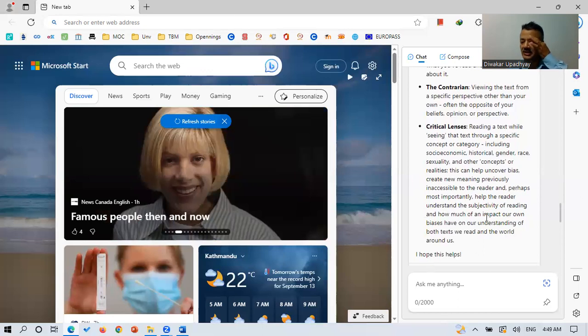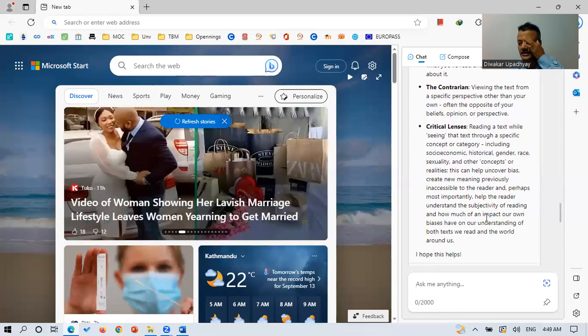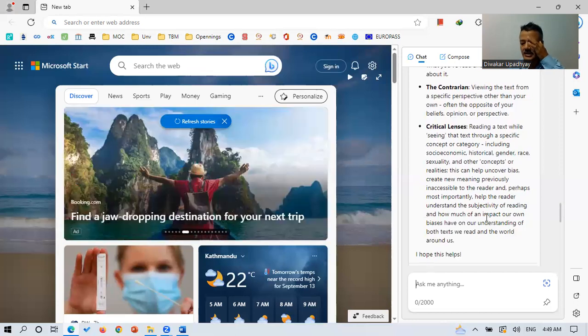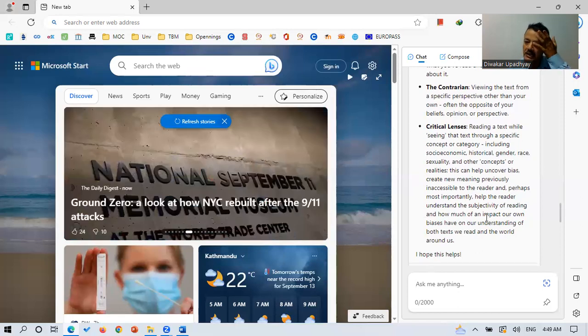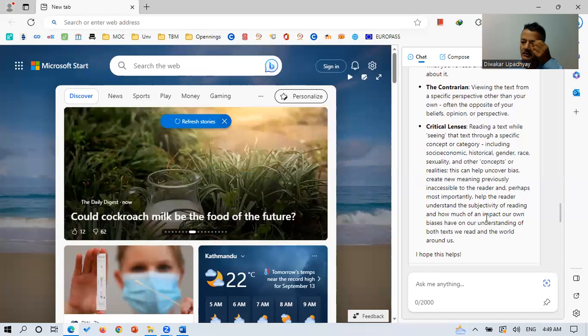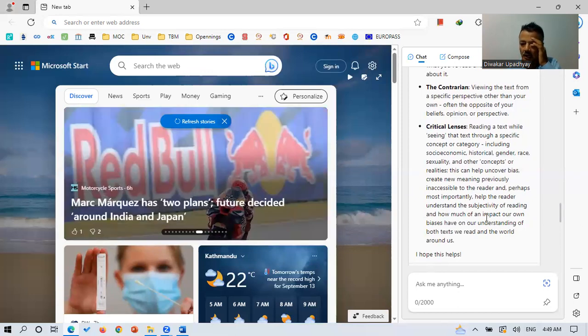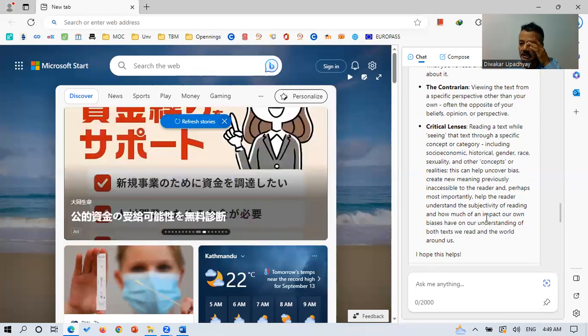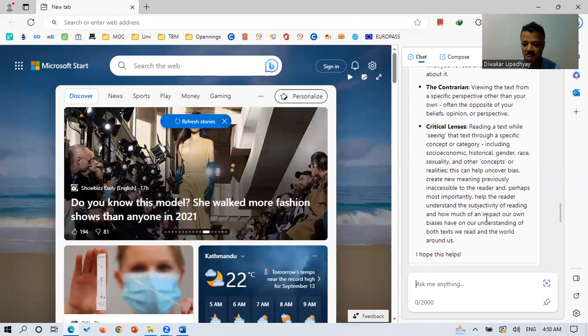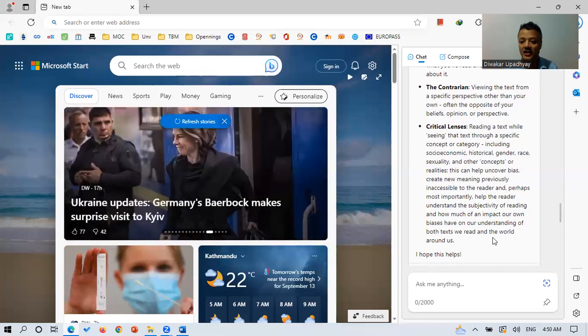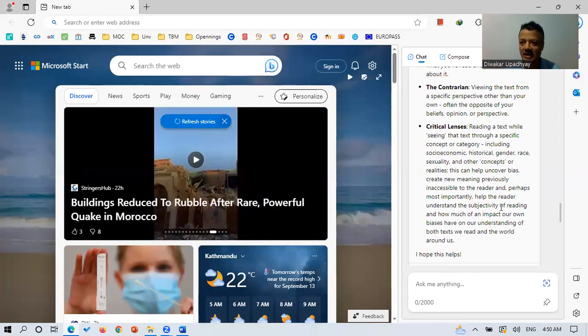For example, you can read a text as a male, you can read a text as a female, you can read a text as somebody from third gender, and other concepts or realities. This can help uncover bias, create new meaning previously inaccessible to the reader, and perhaps most importantly, help the reader understand the subjectivity of reading and how much of an impact our own bias has on our understanding of both the text we read and the world around us.